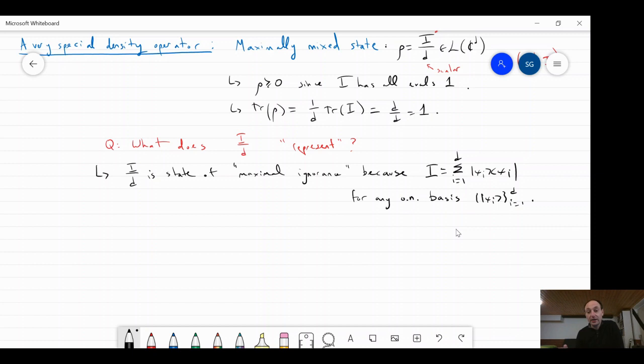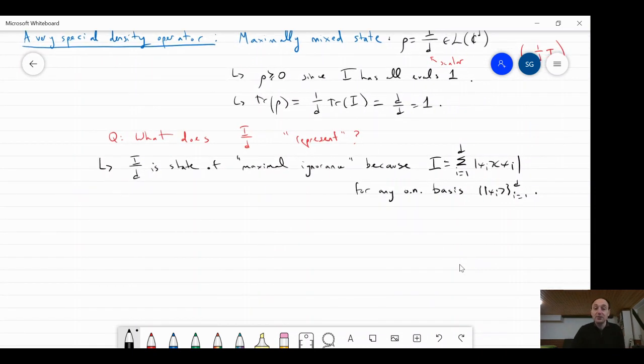And so this is why we think about it as a state of maximal ignorance. You don't even know what basis you're working in, in some sense, if you're in an identity. Pick your favorite basis. To prepare the maximally mixed state, you can pick any basis you like, take your favorite orthonormal basis, flip a coin, and uniformly at random prepare one of those states. So really, if you have the identity in your possession, you know absolutely nothing. Any basis could have given rise to that state. So, ID over D has this thought experiment.